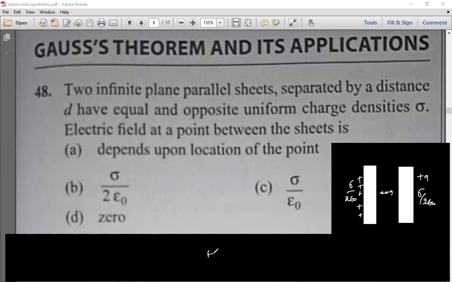So the electric field E in between the sheets is equal to sigma by 2 epsilon naught plus sigma by 2 epsilon naught, which is equal to sigma by epsilon naught, and therefore the option should become option number C. Already in the notebook, if you refer, you will get all this, which is very easy. So your answer is option number C. Okay, clear? Let's go to the next page.